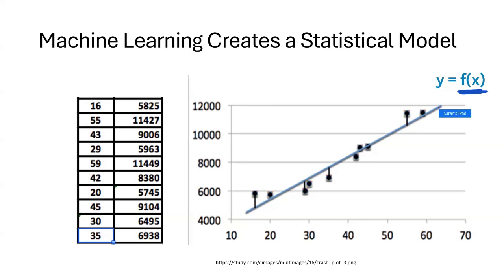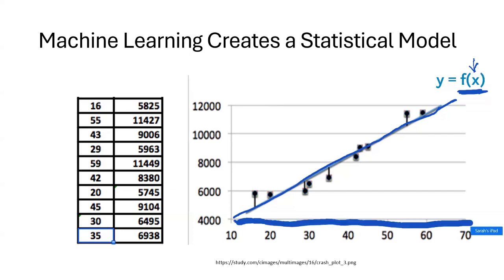You can formalize that in a mathematical function in such a way that any x, any number on the x-axis that you input will be fed through that equation, and it will spit out the y-axis value that you need to find the correct spot on this line. So that's the concept here.